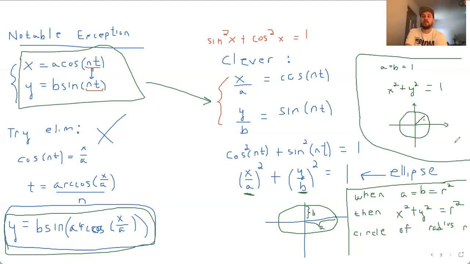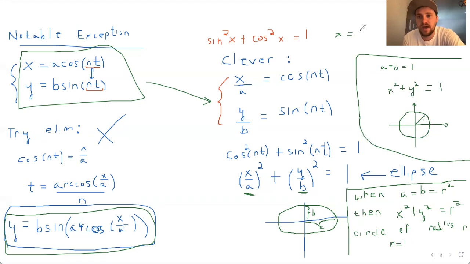And the parametric equations that would go along with this, I'll write them up here. Let's just look at when n equals 1, because if that number's higher, then maybe it wraps around twice or something. But let's just look at n equals 1 here.